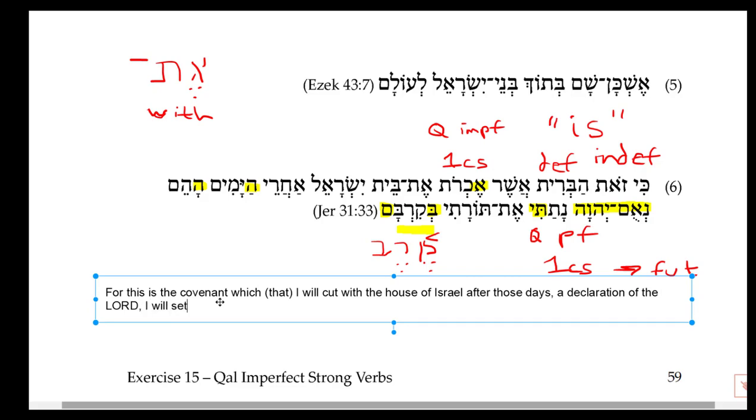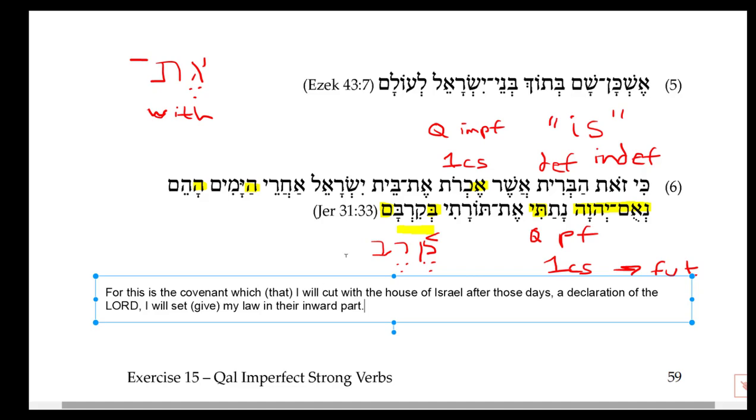I will set or give, but I think set's better. I will set my law, singular. It would be torot if it was plural, but it's torati. It becomes singular. My law in their inward part.